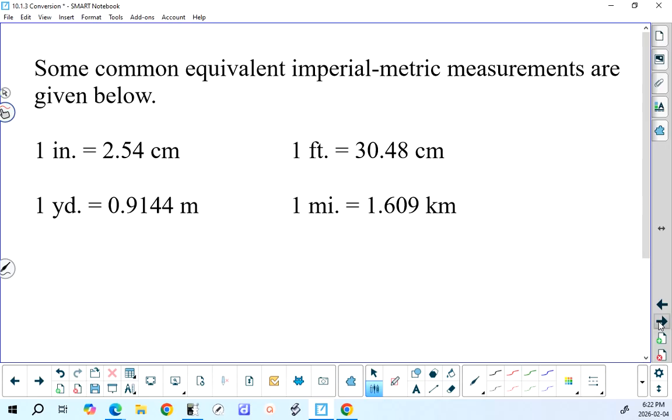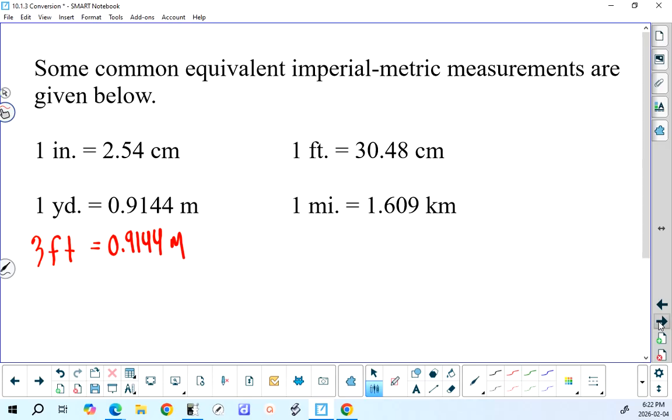If you ever wanted to convert feet to meters, you could just write 3 feet is 0.9144 meters because a yard is 3 feet.